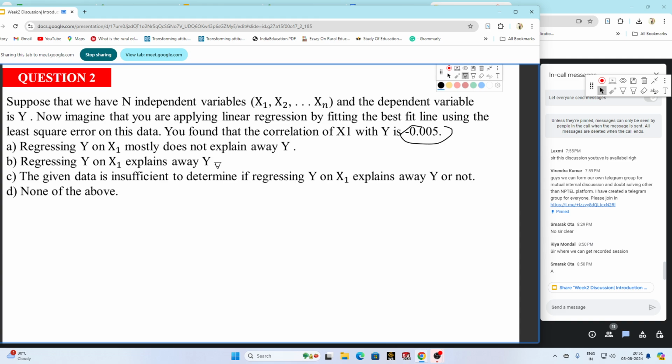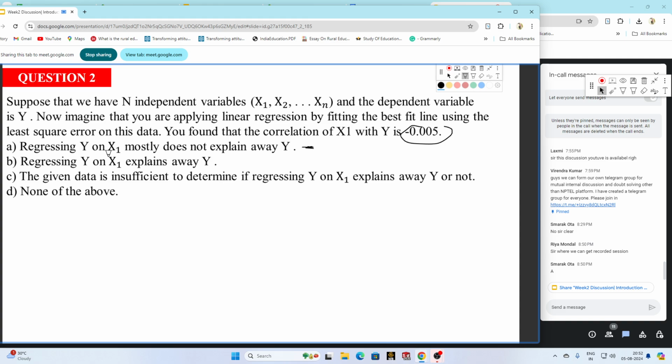Now quickly go to the second question. Suppose that we have independent variables x1, x2, ..., xn and a dependent variable y. Imagine that you are applying linear regression by fitting the best fit line using least square error on this data. You found that the correlation of x1 with y is minus 0.005. The answer is A, absolutely right.